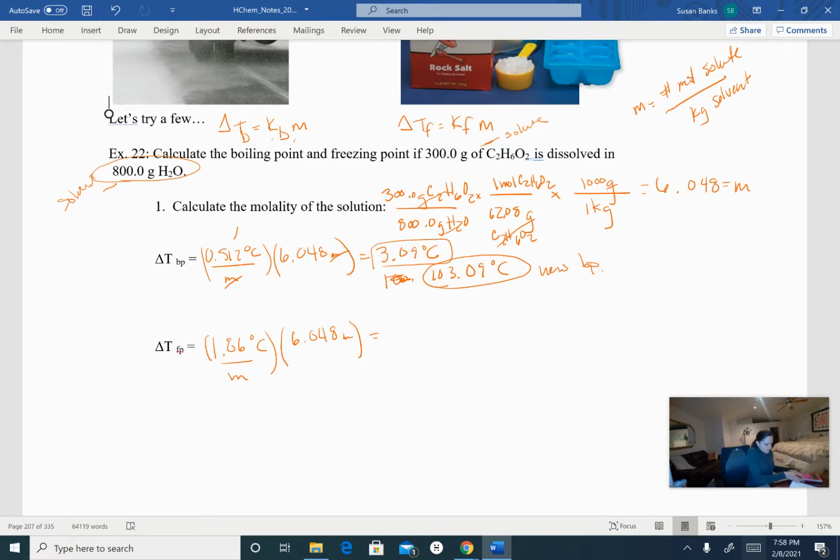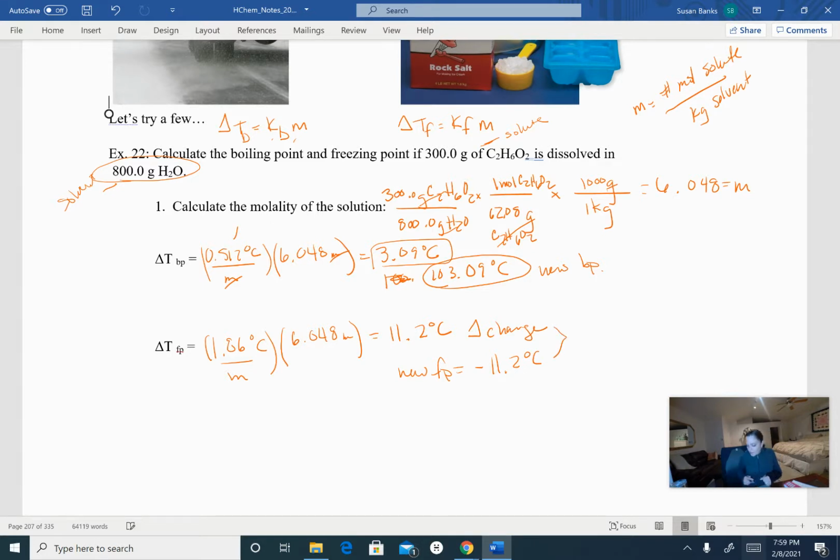So let's do that math. 1.86 times 6.048, we've got 3 sig figs. So with 3 sig figs, I would expect a change of 11.2 degrees Celsius. Now my normal freezing point of water is 0, and this is freezing point depression, which means I've got to subtract it from 0. So this is my change. My new freezing point would be negative 11.2 degrees Celsius.